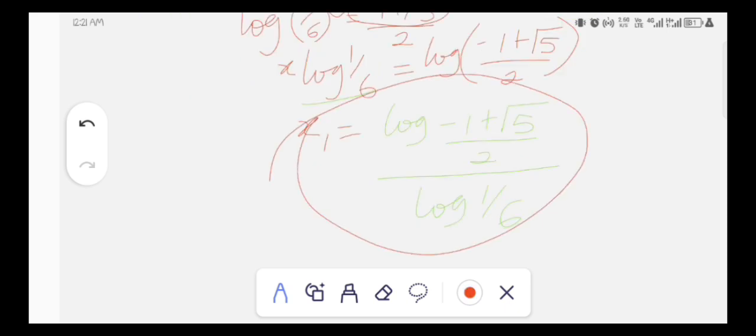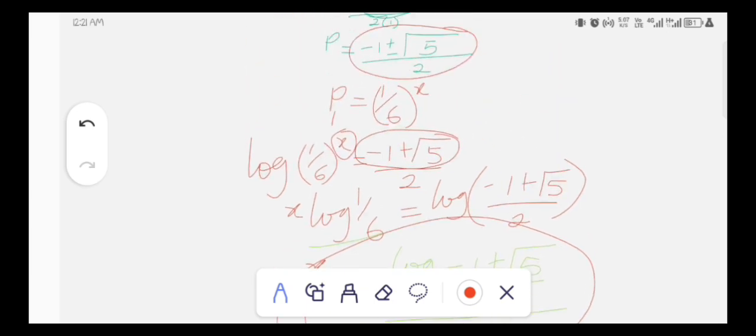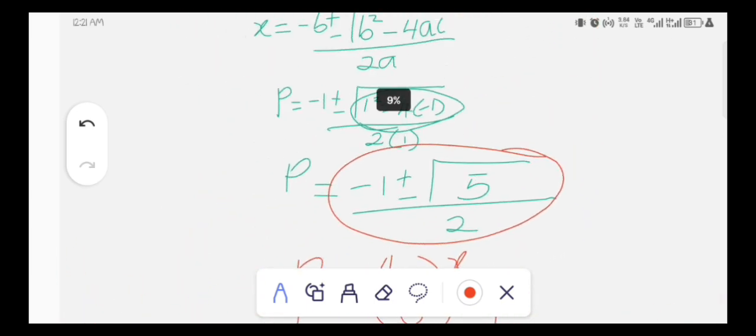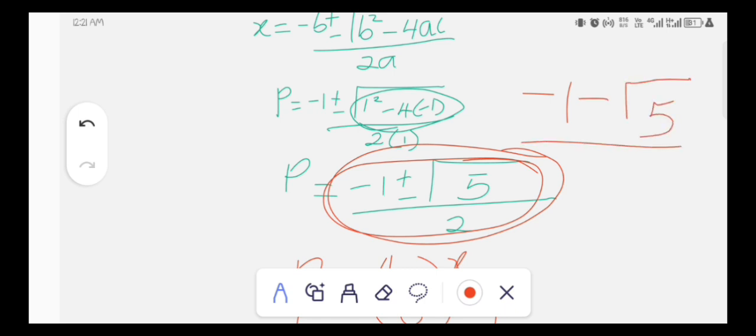Of course, we can get the value for x2 from the value of p2 in this expression. However, observe that the value of p2 in this expression will be a negative value, right? Very good. This is because we shall be having minus 1 minus the root of 5 upon 2 as the value for p2.